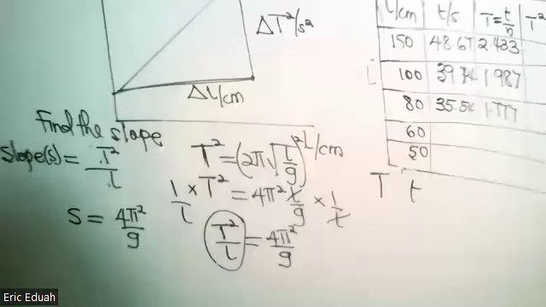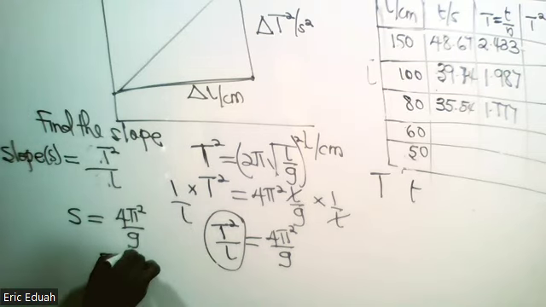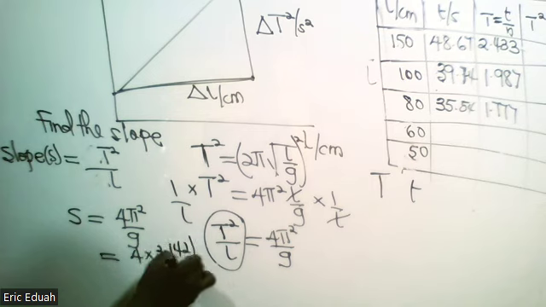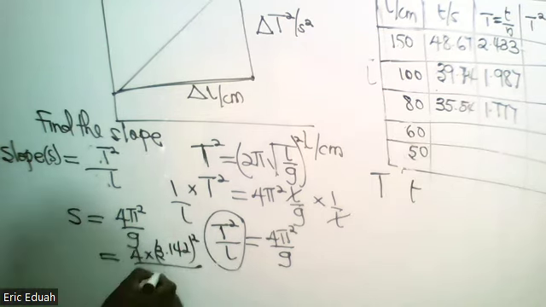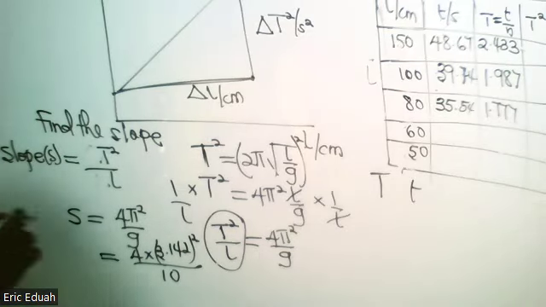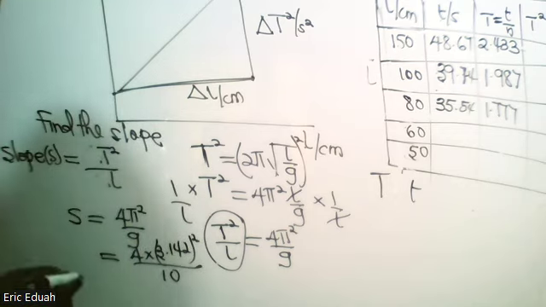So to be sure whether I'm correct or wrong, I know this is 4 times 3.142 squared divided by gravity, which is 10. Whatever I get for this must be the value of the slope which you need to have.